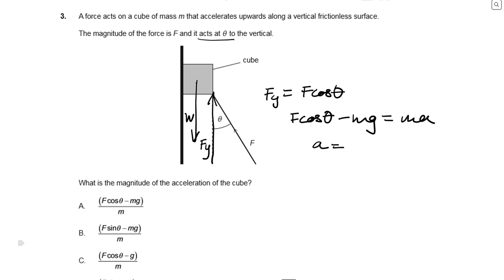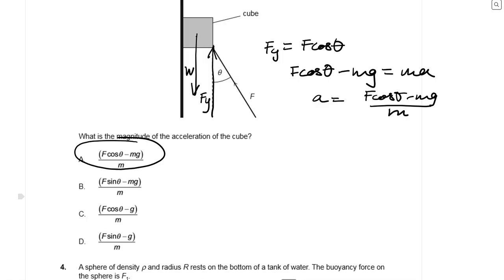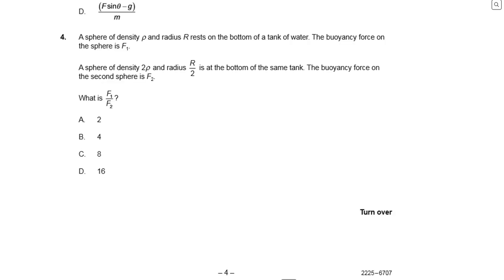So our acceleration is just F cos theta minus mg, over m. Yep, that is the same as A. So our answer is A. No need to even look at the other ones.